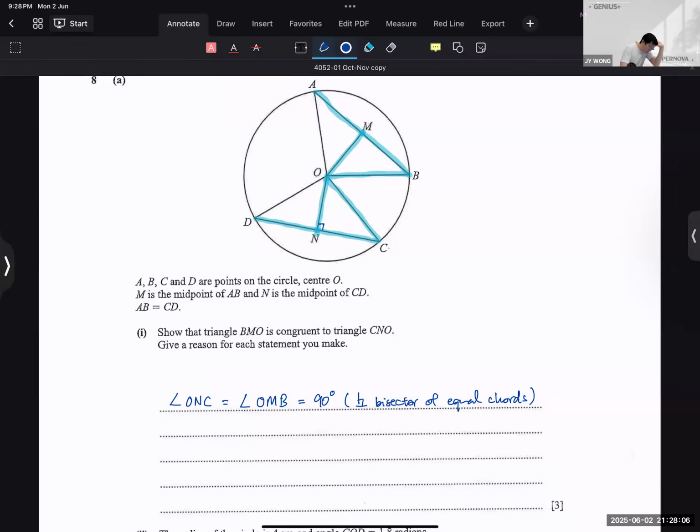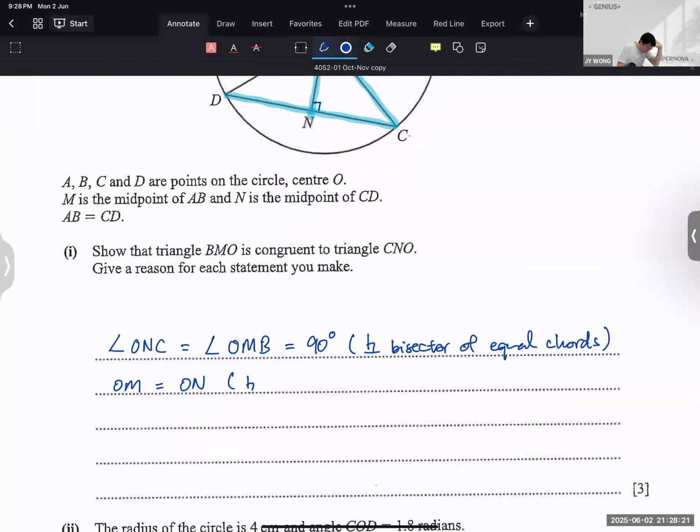So once you figure out this is 90 degrees, then you ask yourself what's the easiest way to prove. You can prove that OM is therefore equal to ON as well, for the same reason: perpendicular bisector of equal chords are equal.